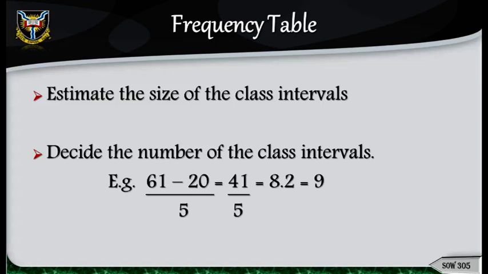There is a trade-off between losing information, that is a wide class interval, and presenting a meaningful visual display. Choose an interval that is neither too wide nor too narrow. For example, 61 minus 20 divided by 5 equals 41 divided by 5, which is 8.2, equals 9.